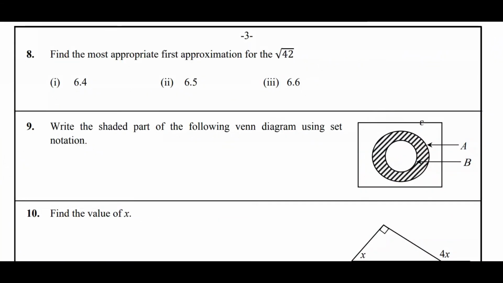Question number 8. Find the first approximation for the root 42. Right. First of all, we have to find where the root 42 lies. Therefore, I have to write down some perfect square values like this. 1 squared equals 1. 2 squared equals 4. 3 squared equals 9. 4 squared equals 16.